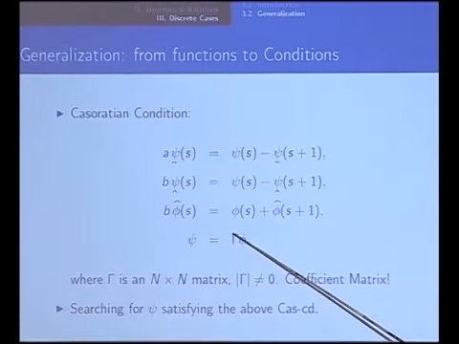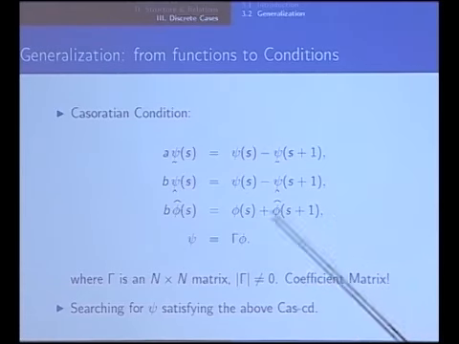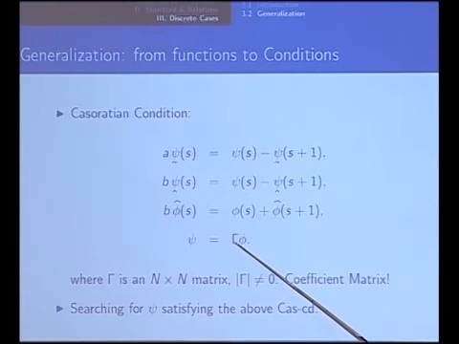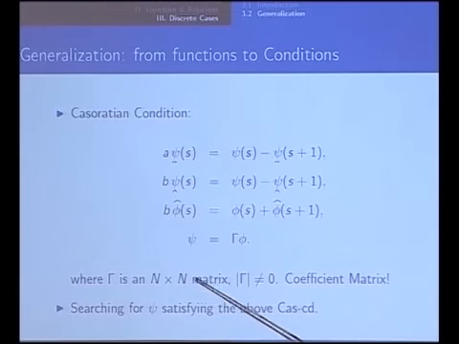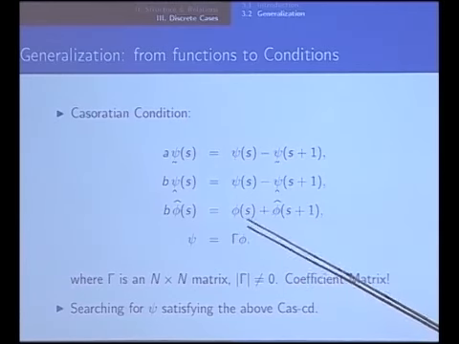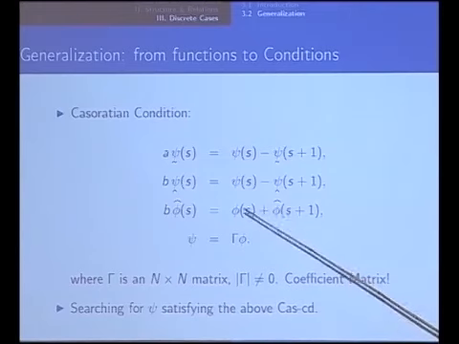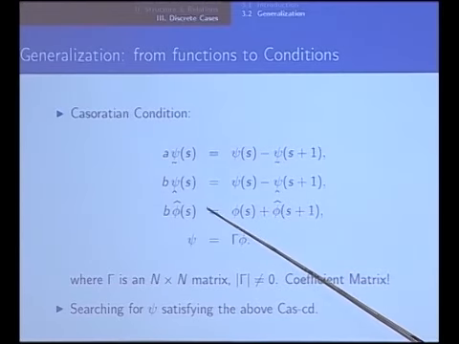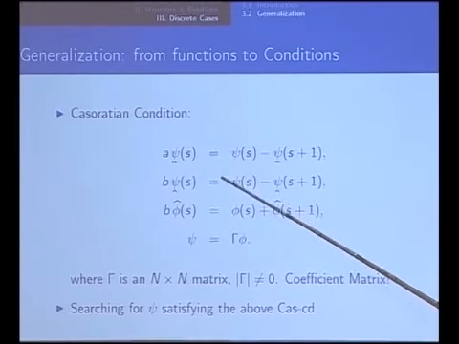Here we have a coefficient matrix gamma. If gamma is diagonal, in fact, we just get the n solitons that we have got. But here, gamma can also be a general matrix. So in this way, we can get more solutions. So the next question is to solve the Casoratian condition consisting of such 4 equations.